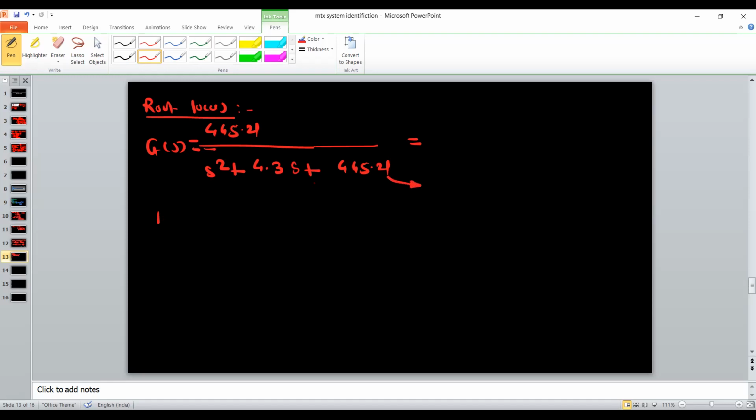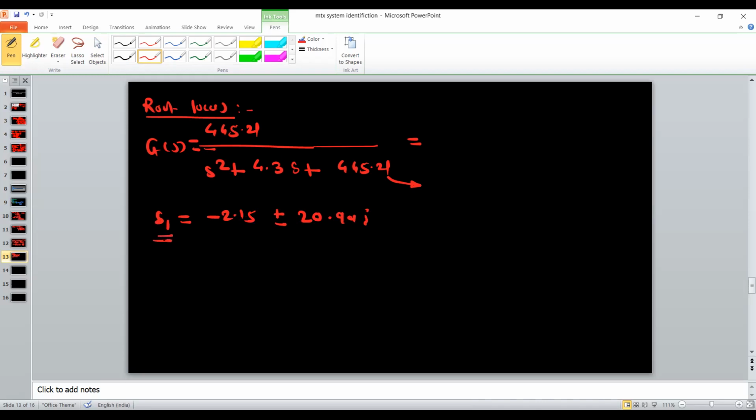So poles means find out the roots of this denominator. Okay. So pole S1, so this is minus 2.15 plus or minus 20.99 j.